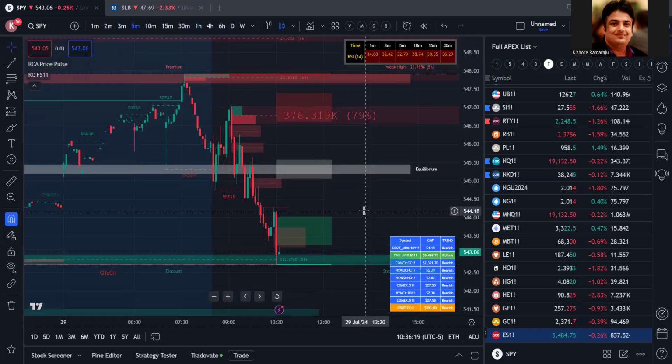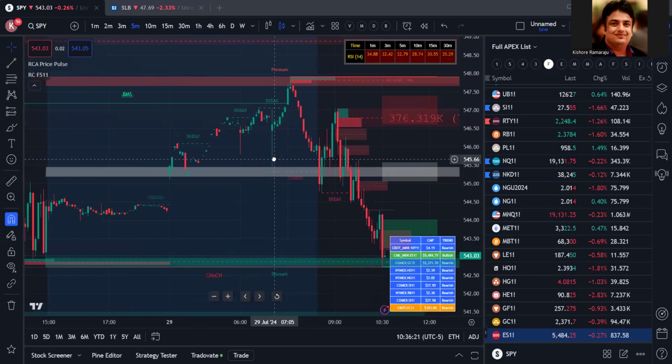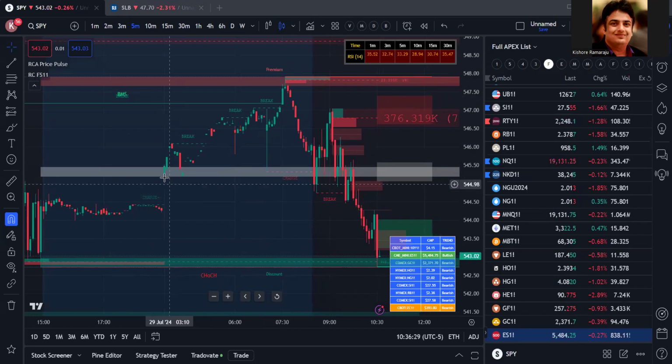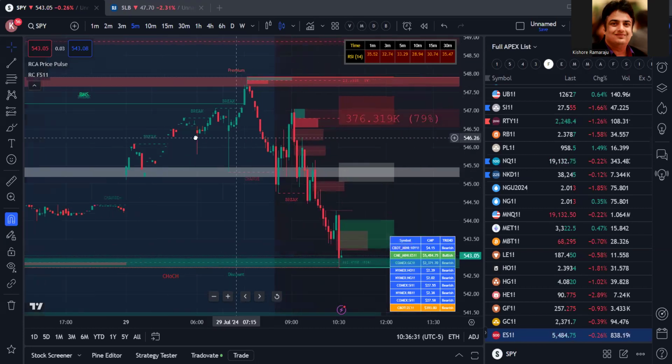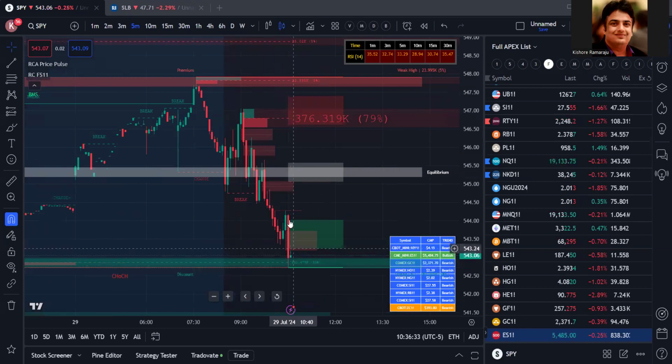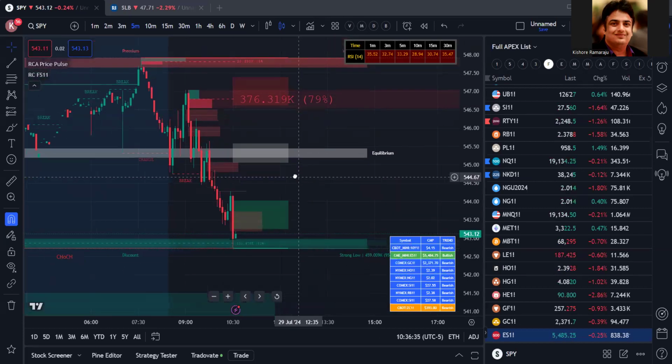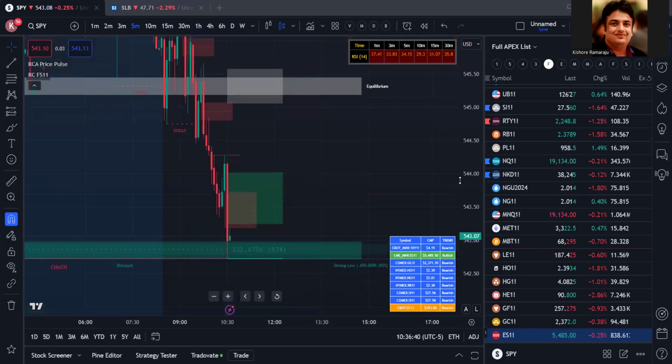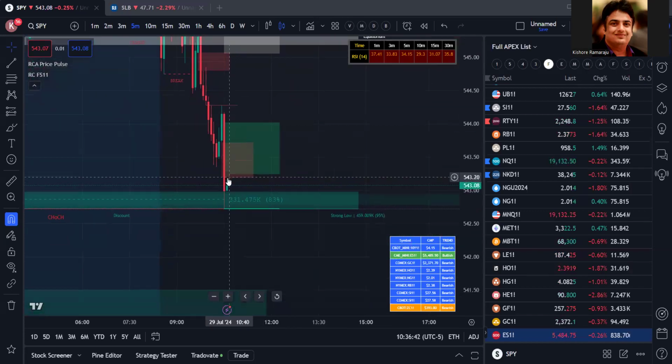You can see that overall it is bullish. It actually went all the way to 548 because there was a gap fill. It came all the way down, completed the gap fill, and is now trying to go up again. So we are waiting, because if there is a double bottom, it is a much better opportunity.